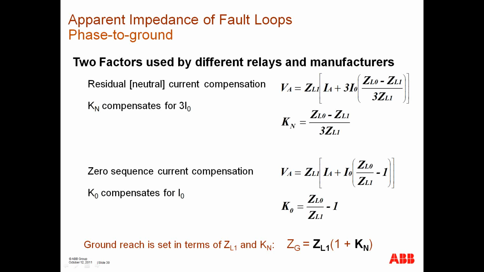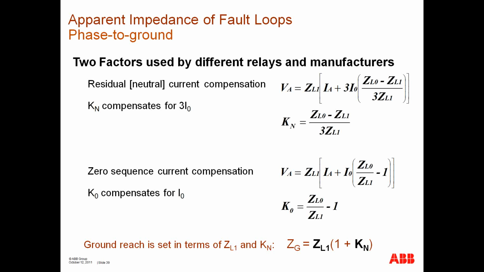All right. We had talked about that Kn factor, and I just want to point out that there are two factors used by different relays from different manufacturers. There is a Kn factor that is for compensating the residual, or 3I0. It is all the same basic equation, but it's a matter of terminology, whether you're going to have 3I0 in this equation or I0 in this equation.